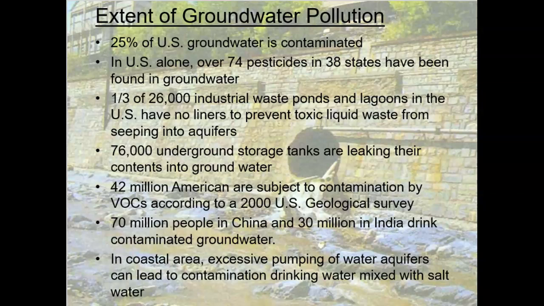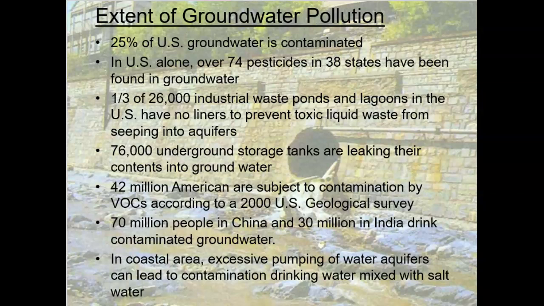Industrial waste ponds typically do not have liners, which means that the chemicals that are put into these then leak into the ground. Underground storage tanks are leaking, and then you have people that are then exposed to these things.